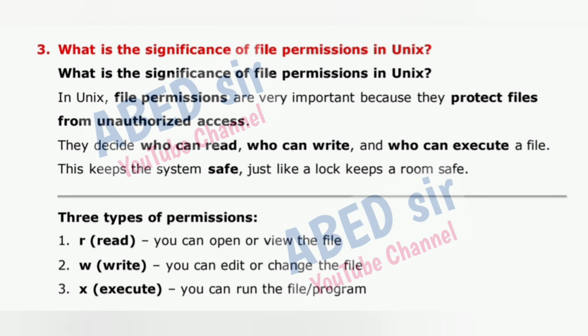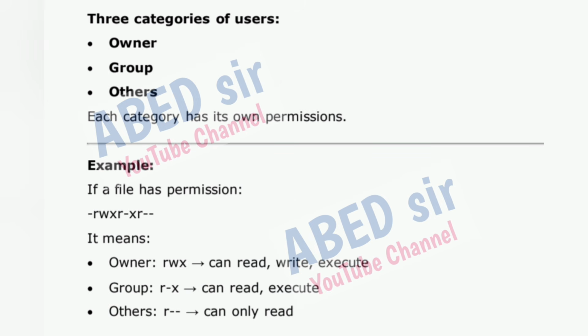3 types of permissions. 1. R. Read, you can open or view the file. 2. W. Write, you can edit or change the file. 3. X. Execute, you can run the file program. 3 categories of users: owner, group, others. Each category has its own permissions.